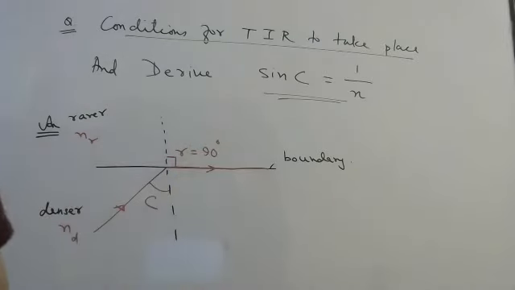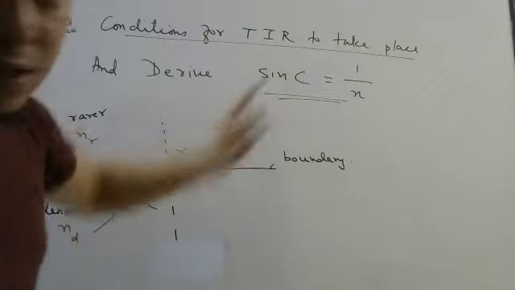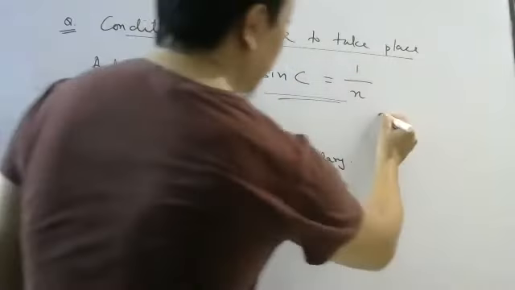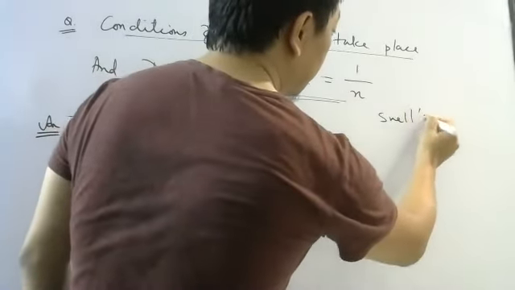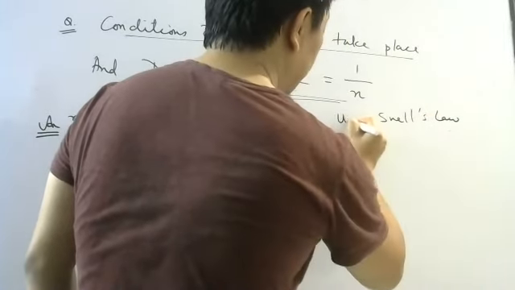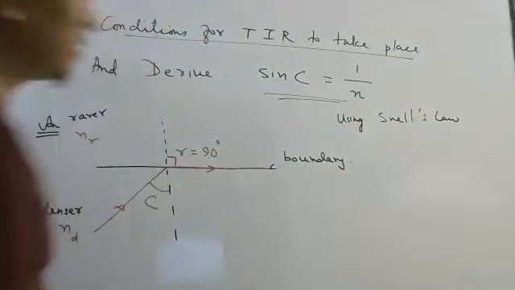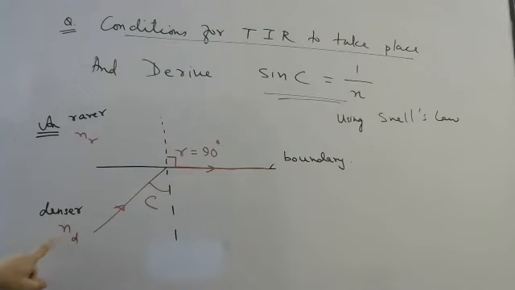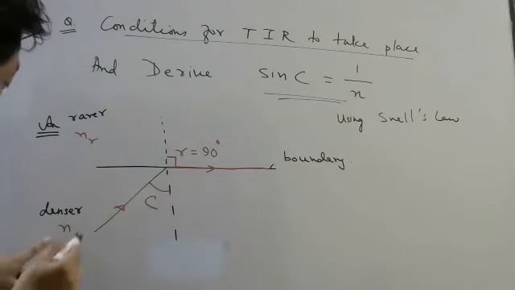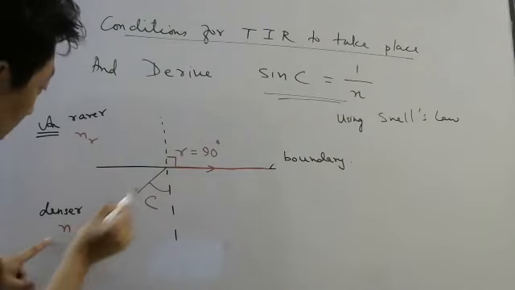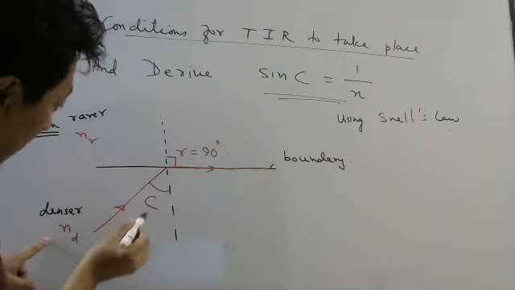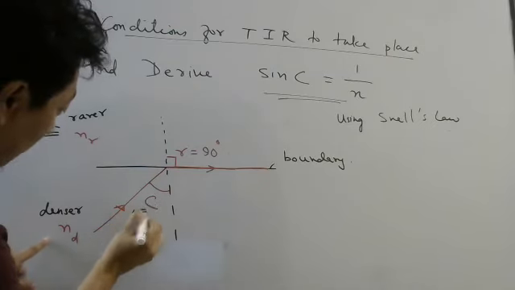Okay. So, how to derive this formula? Simple. Start from Snell's law. So, using Snell's law, remember, this refractive index is for the incident ray, which makes angle I, remember.